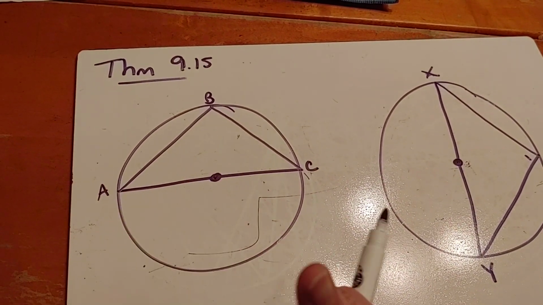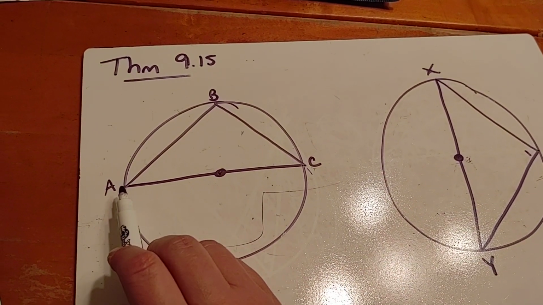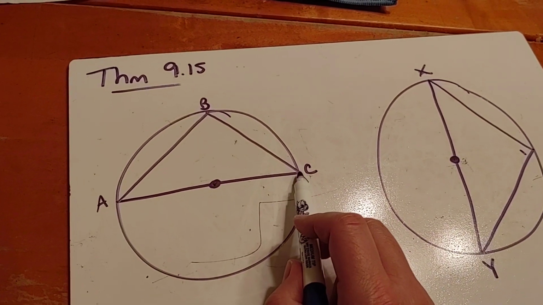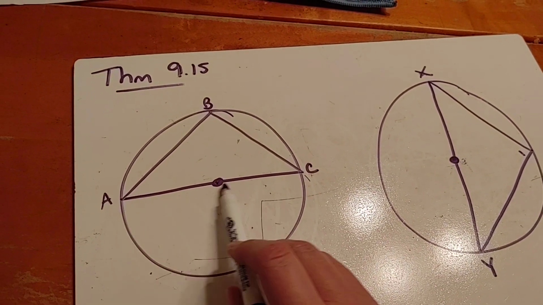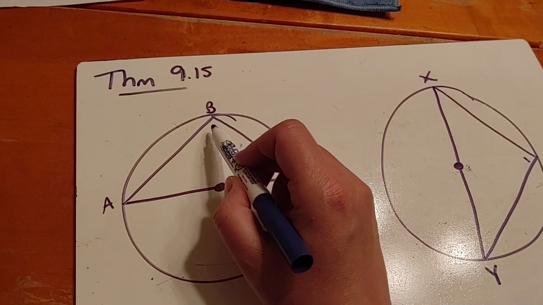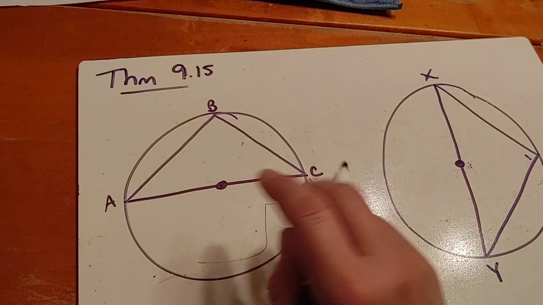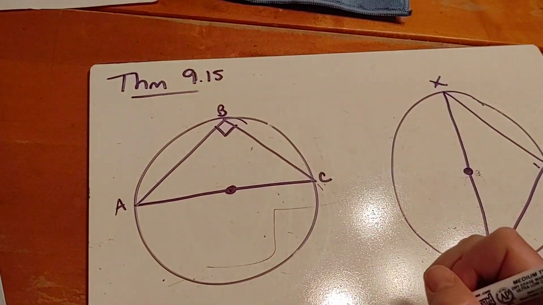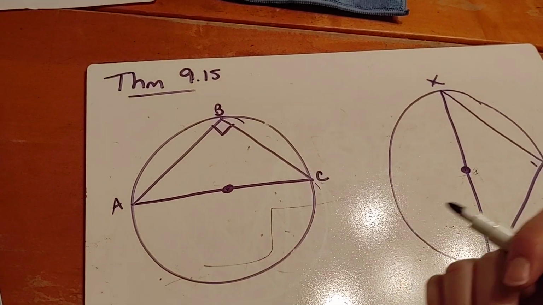Arc AC is definitely a semicircle because you can see clearly that diameter AC goes right through the center of the circle. So if this is a diameter AC, and this inscribed angle comes up and intercepts this semicircle, that means this angle will be 90 degrees by theorem.